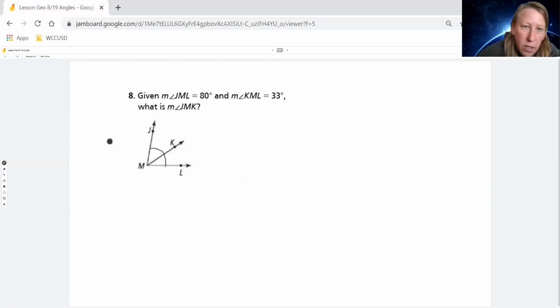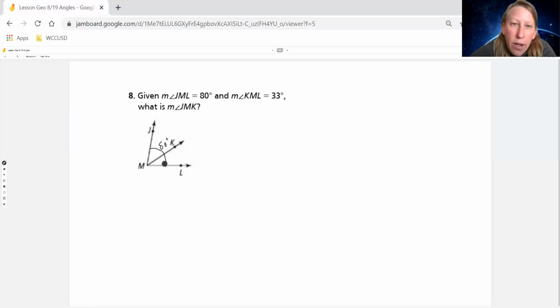From J to M to L through the middle, the measure of that angle is 80 degrees. Maybe I'll write it really small. It takes 80 degrees out of the whole circle to get from here to here.